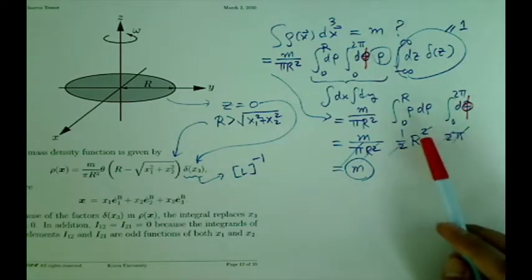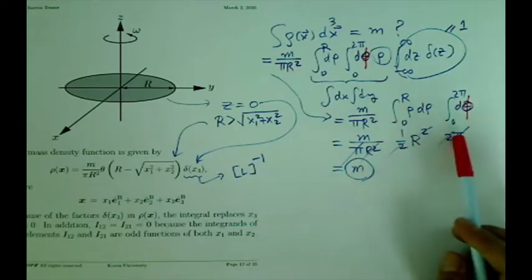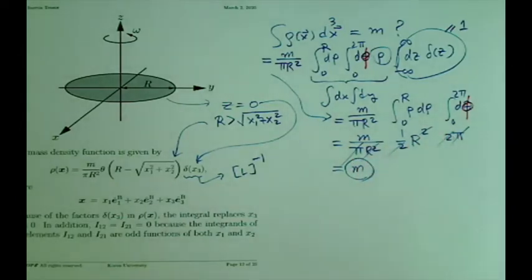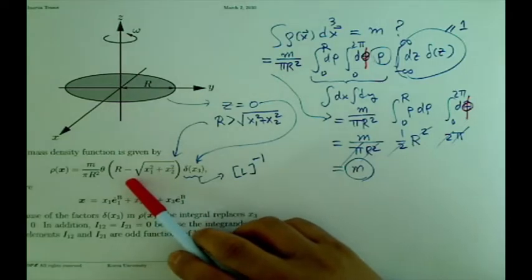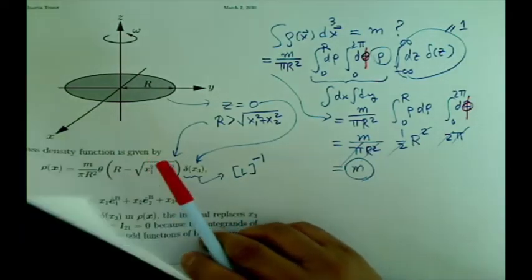Factor 2 cancels, r squared cancels, pi cancels. So we end up with the mass, the total mass of the rigid body. That is correct. So let us keep using this mass density distribution.